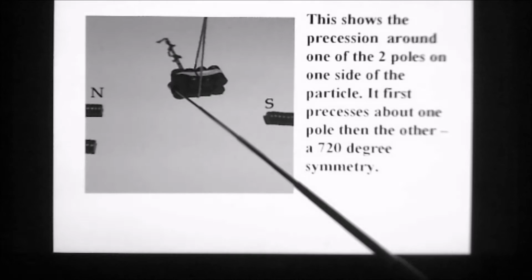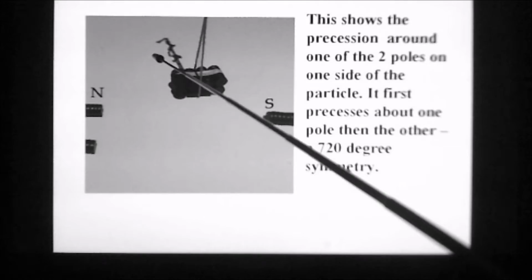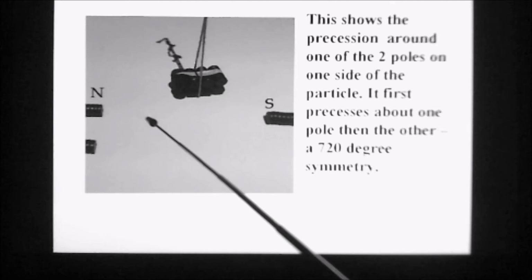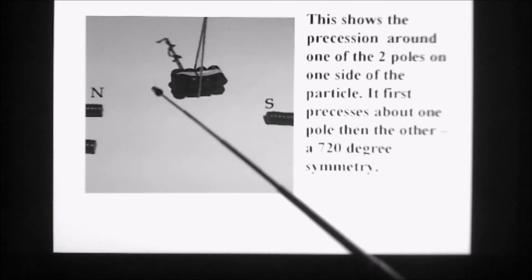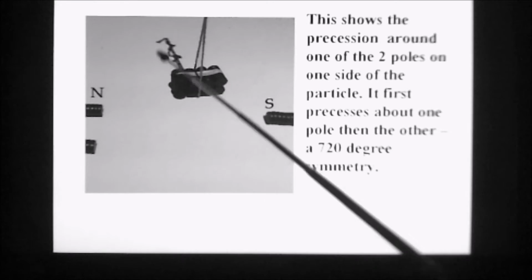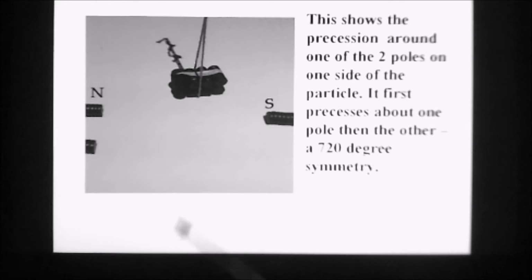And here it is, it's spinning still and it's oscillating like that. It oscillates around one pole first, then goes to the other pole and then back. This is like a figure 8. That's to say, to get back to one given direction takes 720 degrees of movement. That is to say, it has a 720 degree symmetry.